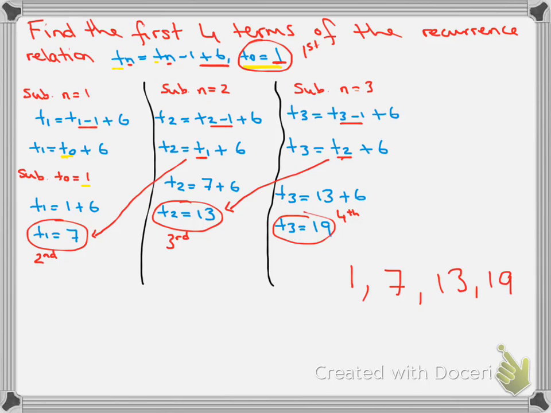Now the next thing I want to talk about is the way that these questions can be made a little bit harder. For example, they don't have to give you whole numbers, first of all. They can make t0 equal to a half or 3/4 or whatever number they want to. Then you might need to use a calculator to make sure you get the right numbers there and you don't mess anything up.